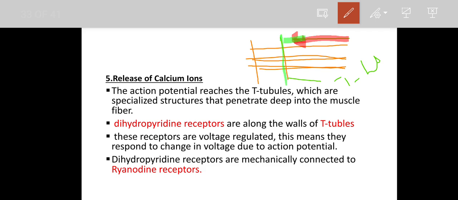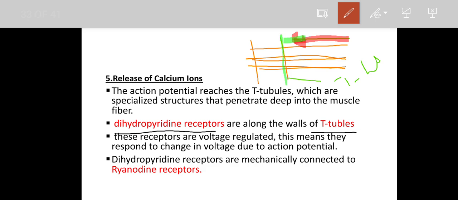In these T-tubules, I said we have what we call dihydropyridine receptors. And where are they located? The dihydropyridine receptors are located along the walls of the T-tubule. It's very important that you know these receptors are voltage regulated, meaning they respond to a certain voltage. So if that action potential travels along the muscle fiber and down the T-tubules, what happens?